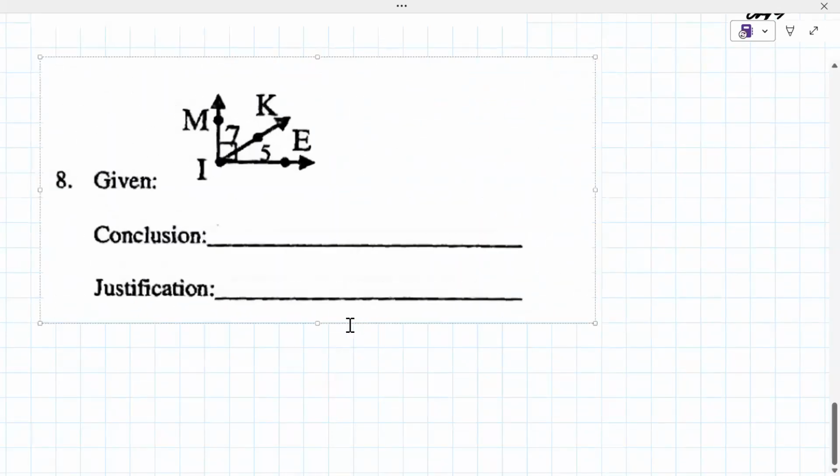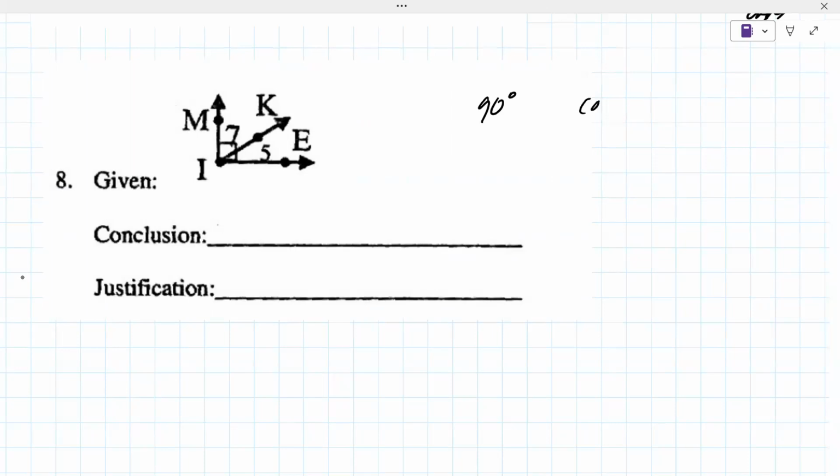All right, why don't you tell me what you see? I've done a couple here in a row. What do you see on this one? What stands out to you? 90-degree angle. Yes. So 90-degree angle means the angles are complementary. For this one, they want you to say that angle 5 and angle 7 are complementary angles.